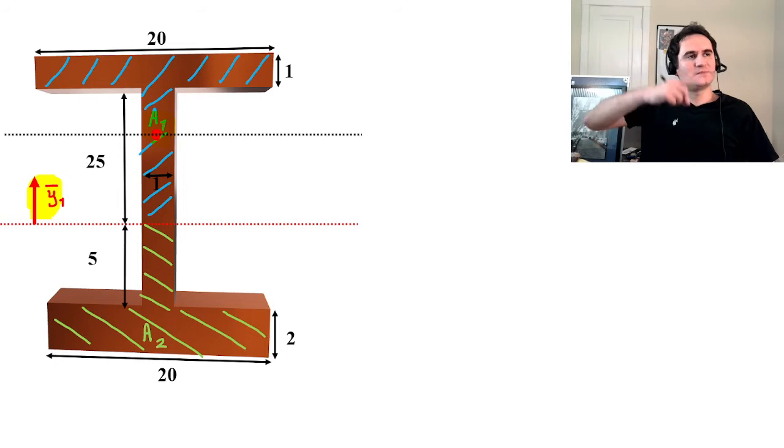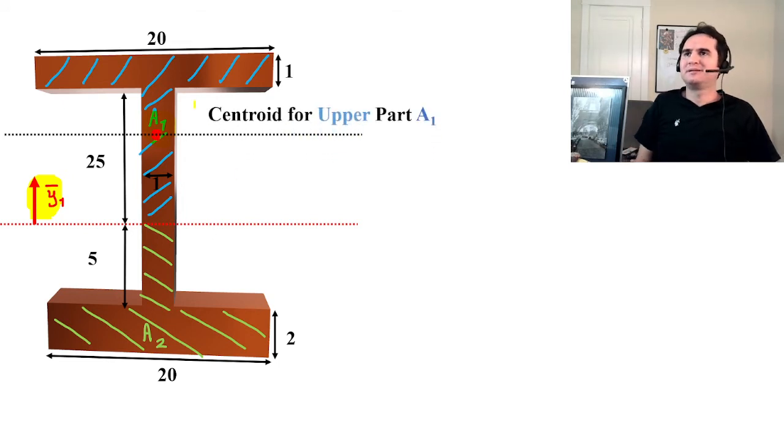The distance between the two centroids times half of the area, Z times sigma y, is equal to the plastic moment. So let's solve it. The centroid for the upper part is the centroid for A1, up to here.